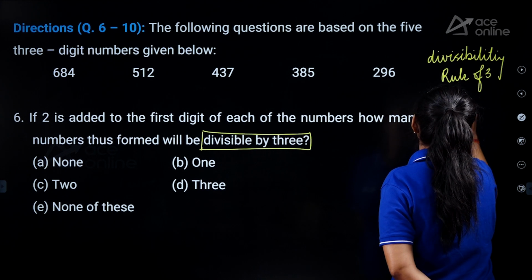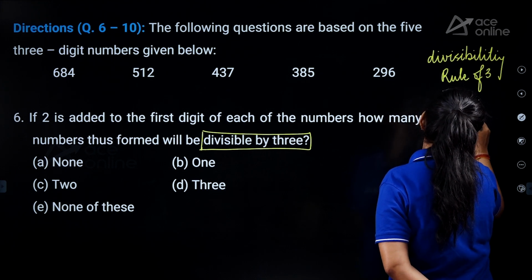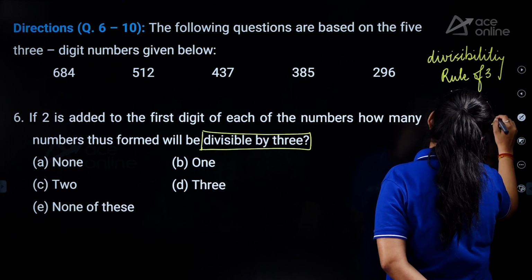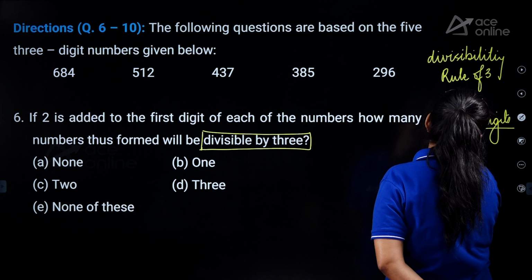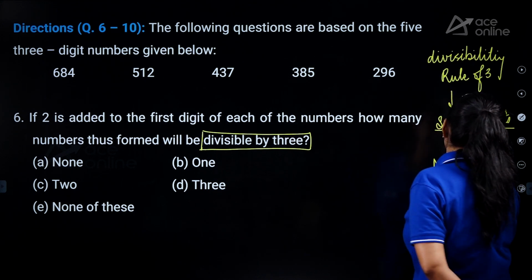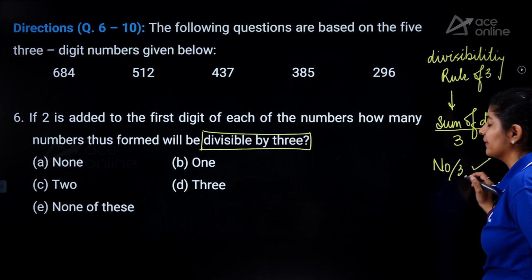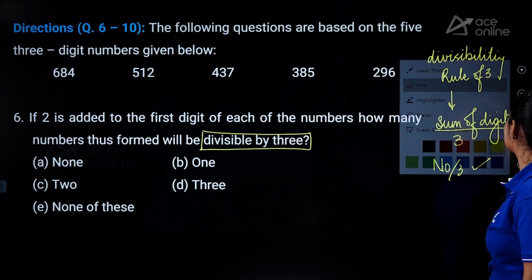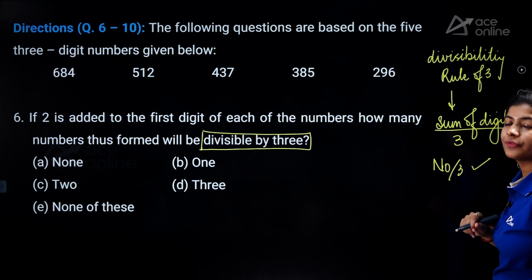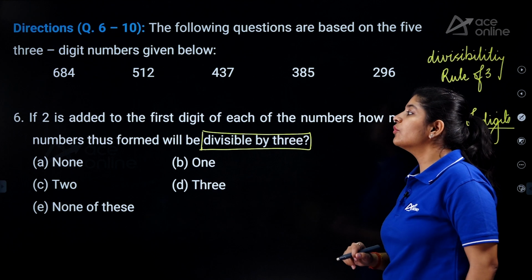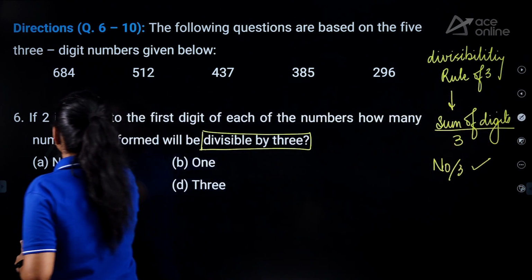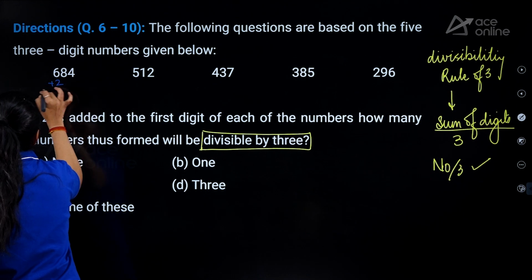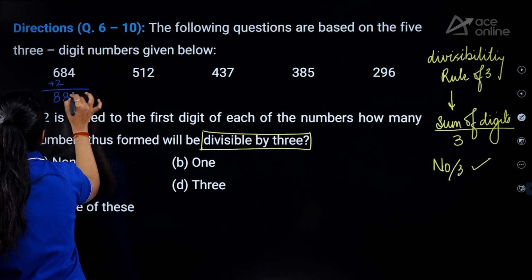It says that if the sum of digits is divisible by 3, then that number is also divisible by 3. This is the divisibility rule of 3. Now, what we have to do is add 2 to the first digit of every number. So when I add plus 2 in that, it will become 884.